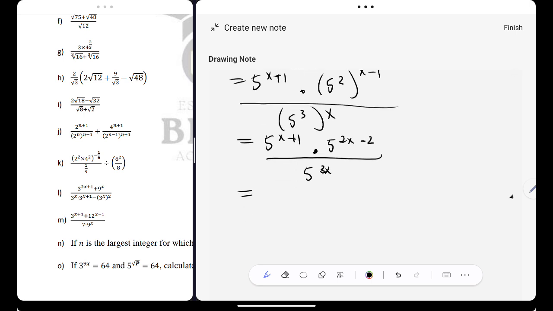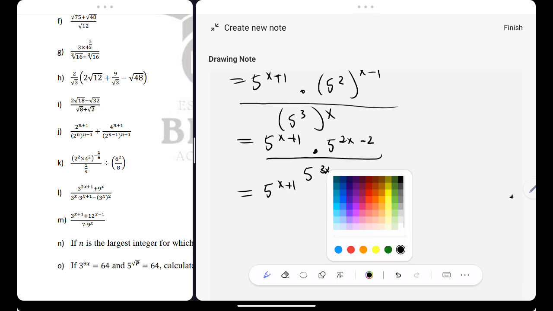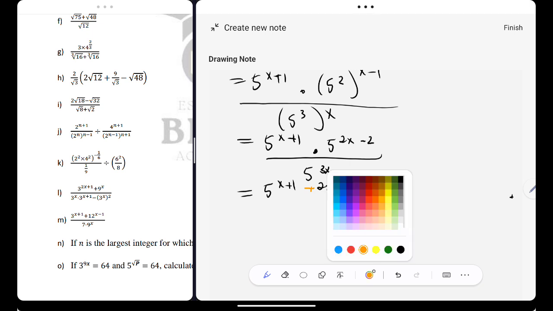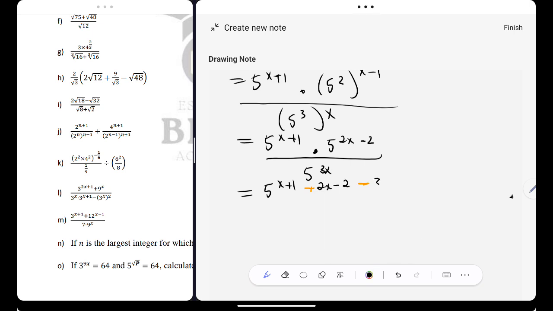This will give me 5 to the power x plus 1 plus 2x minus 2 minus, because it's dividing, 3x.